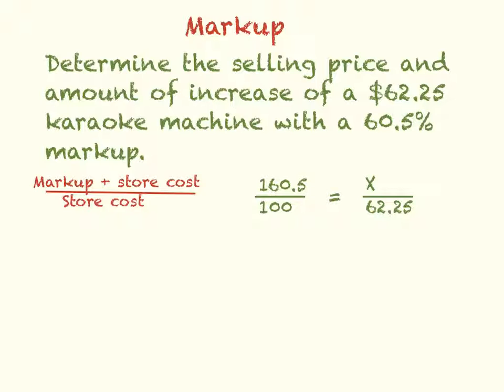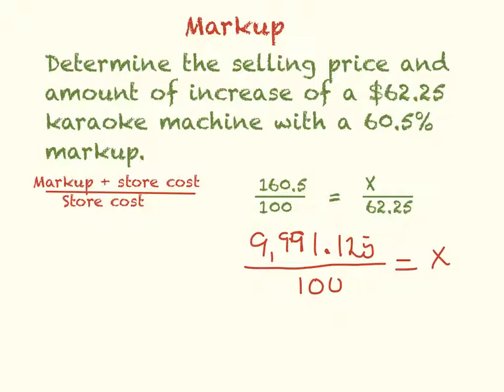and let me show you what I have on my calculator. I have 9,991 and 125 thousandths over, remember I'm dividing by 100, and that's going to give me my X value, which represents my markup plus my store cost.